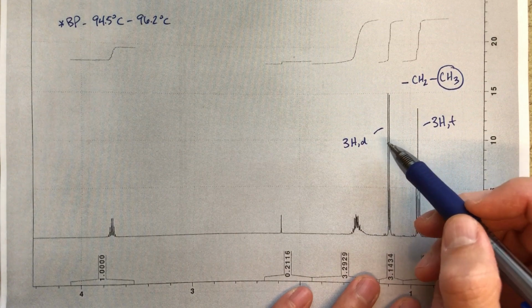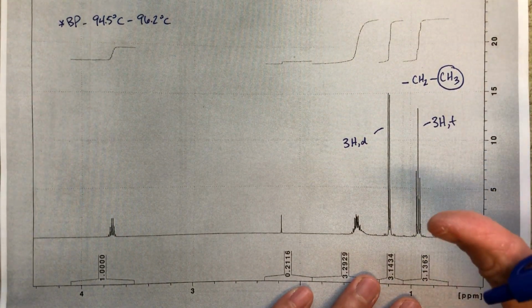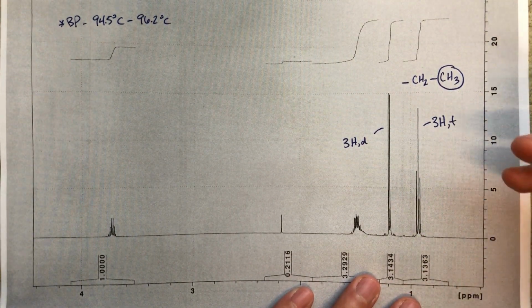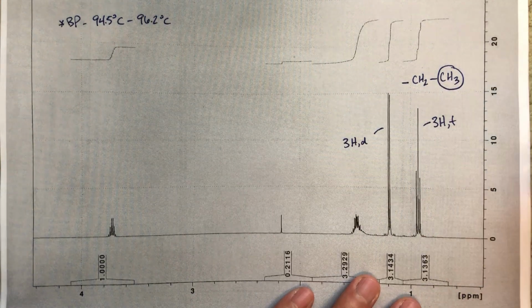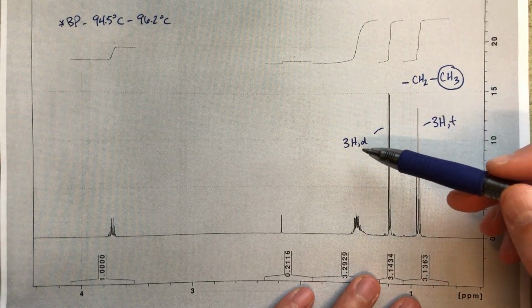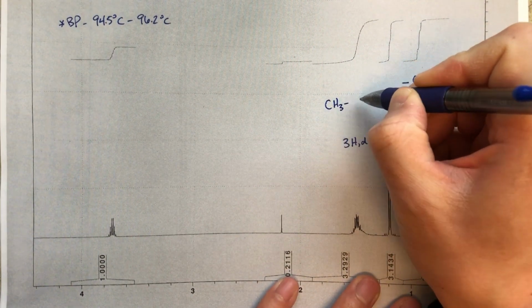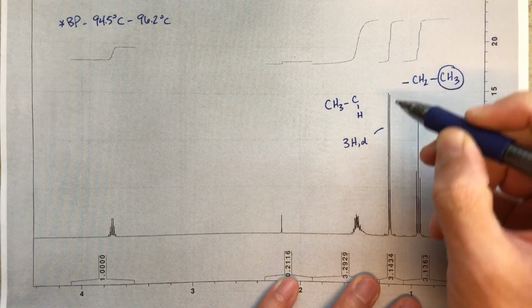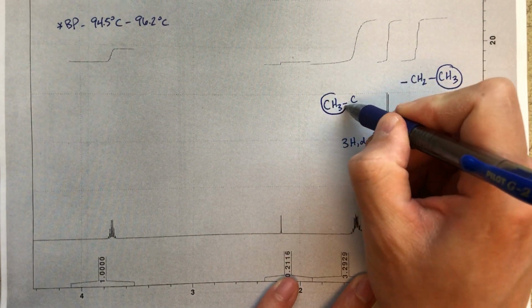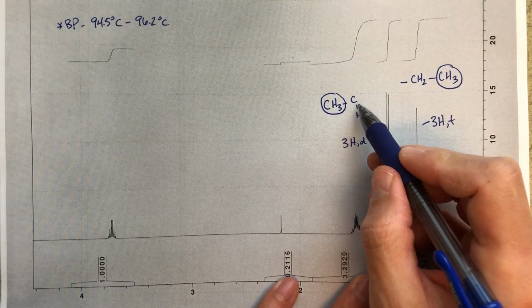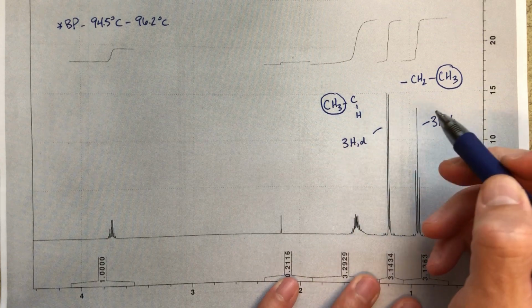Here we've got a 3-high doublet, and a 3-high doublet is actually something that's not as commonly seen. A 6-high doublet is really common for an isopropyl group, but a 3-high doublet is actually more rare for sure. But a 3-high doublet suggests something like this, where I've got a methyl group. So that would be my 3-high doublet. And then on the adjacent carbon, just 1 hydrogen, right?